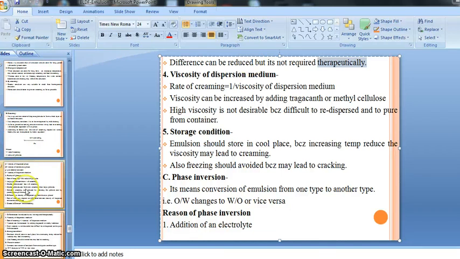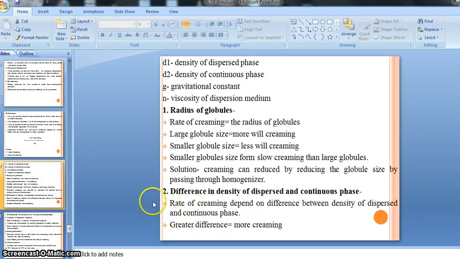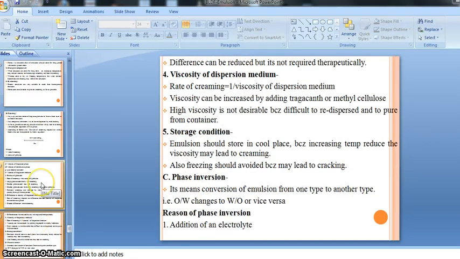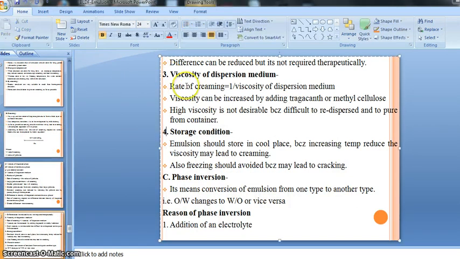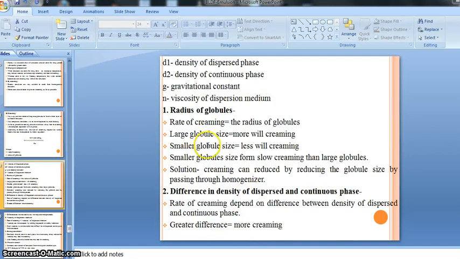So in this way, the difference in density of our two phases is responsible for decreasing the rate of creaming, right?